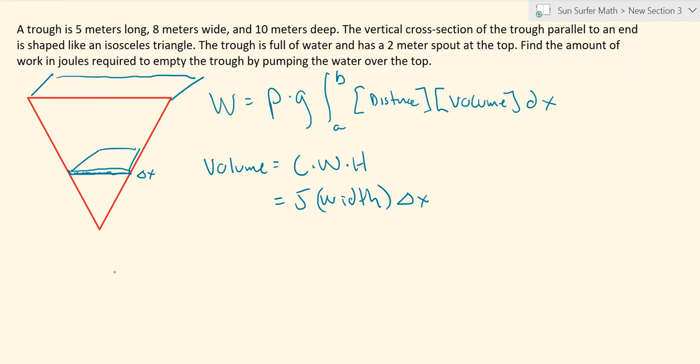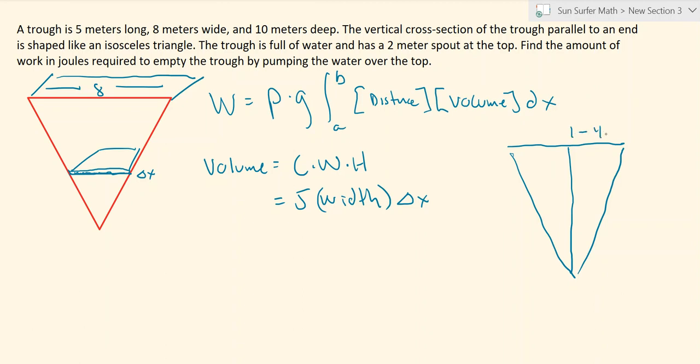So let's create a triangle over here that looks similar to the tank. And we know that the tank is 8 meters wide. So that means this distance here will be 4. The tank is 10 meters deep.